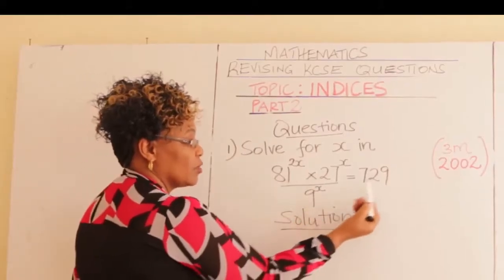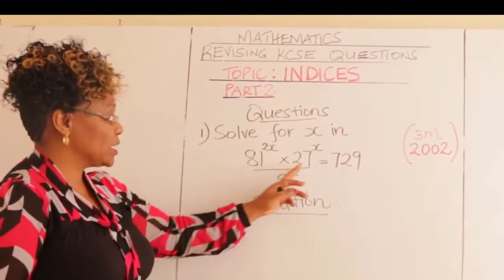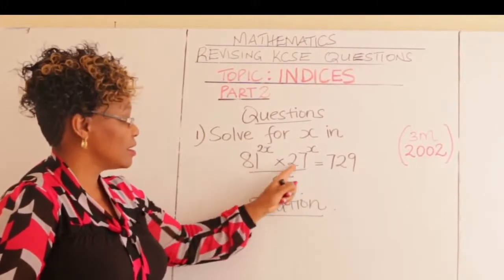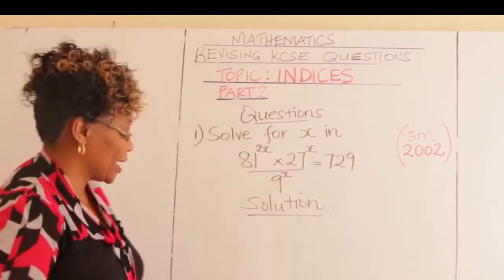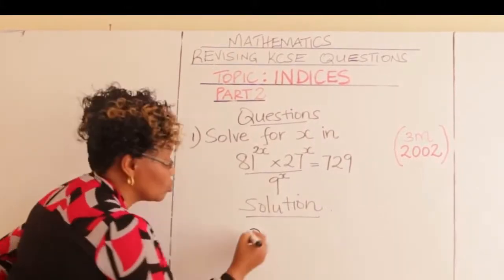Solution. Express all these 4 terms using a common base. Which is the common base? 3. It will work. So 81 is 3 raised to what? To 4.